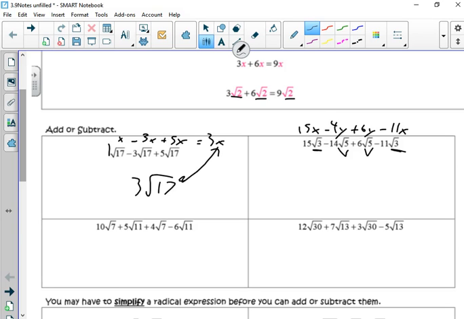So 15x minus 11x is 4x. And 6y take away 14y, oh, sorry, it's minus 14, my bad. So it's going to be negative 8y.